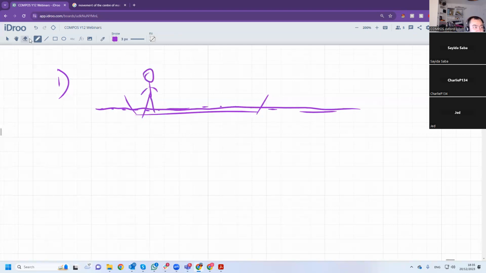The boat has mass, and you can assume that the center of mass is somewhere here. This is the center of mass. If you walk to the other end of the boat, your feet will push the boat back and the boat will push you forward.